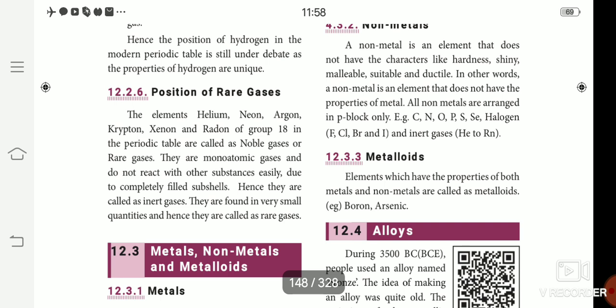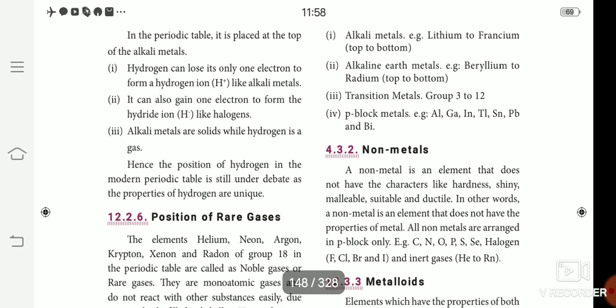Then the examples of metals. The first group is called alkali metals, lithium to francium.